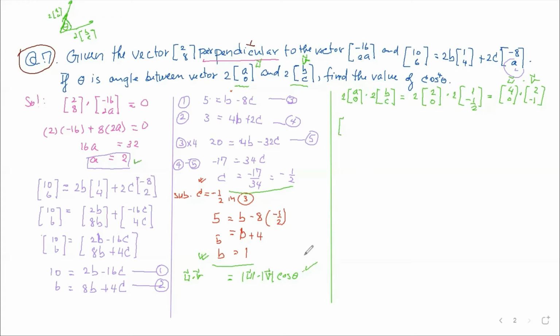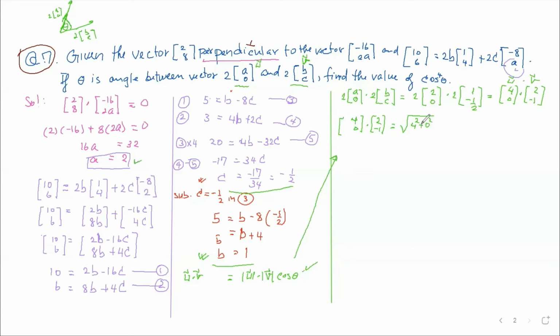Then we replace from the formula here: 4, 0 times 2, negative 1 equals the distance of vector u, which is what? 4 squared plus 0 squared, right?